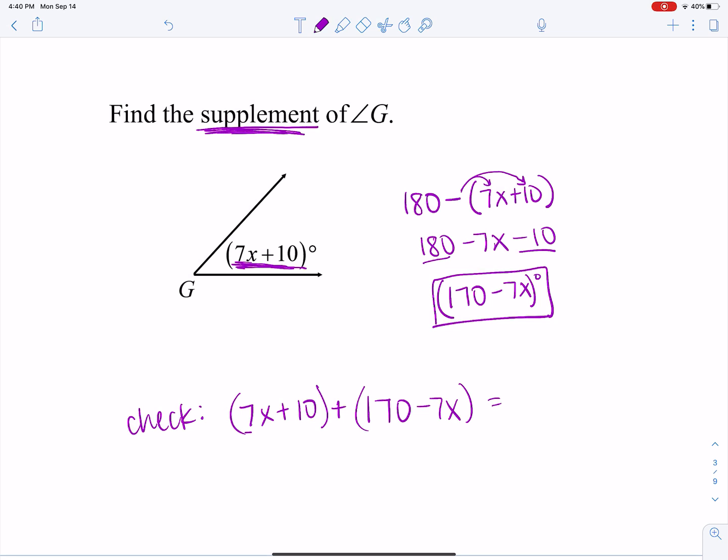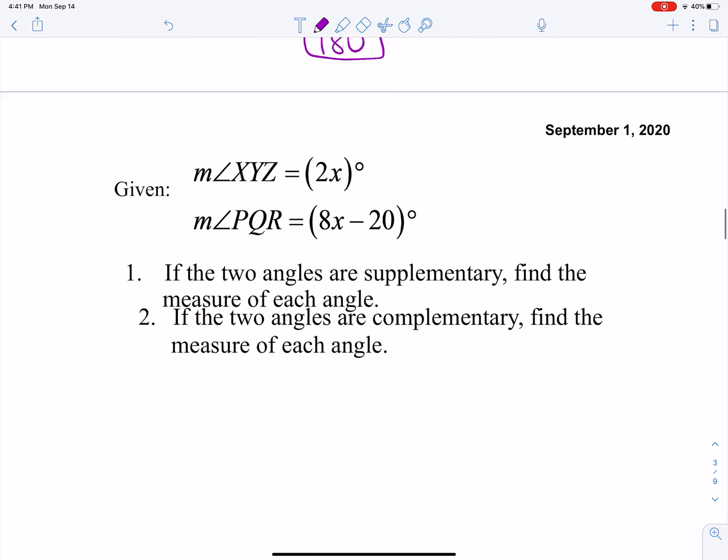Let's check. 7x plus negative 7x is 0 x's. And we have 10 plus 170. We don't need to write 0x. It is 180. So that's a great way to check your work on these.